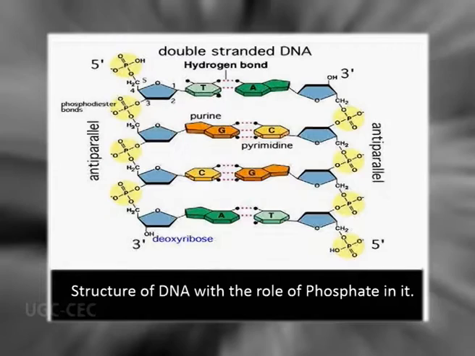Apart from that, phosphate is present in our DNA. Phosphate is actually adding up with the pentose sugar, and they will create the backbone of the DNA. So this phosphate sugar linkage is called phosphodiester linkage, and it is binding with the nitrogen bases that will create the complete DNA structure.